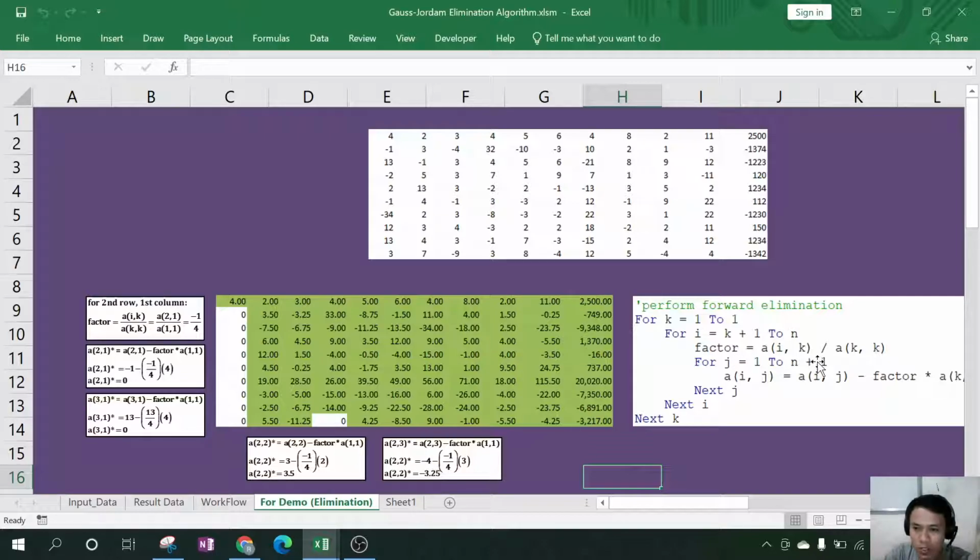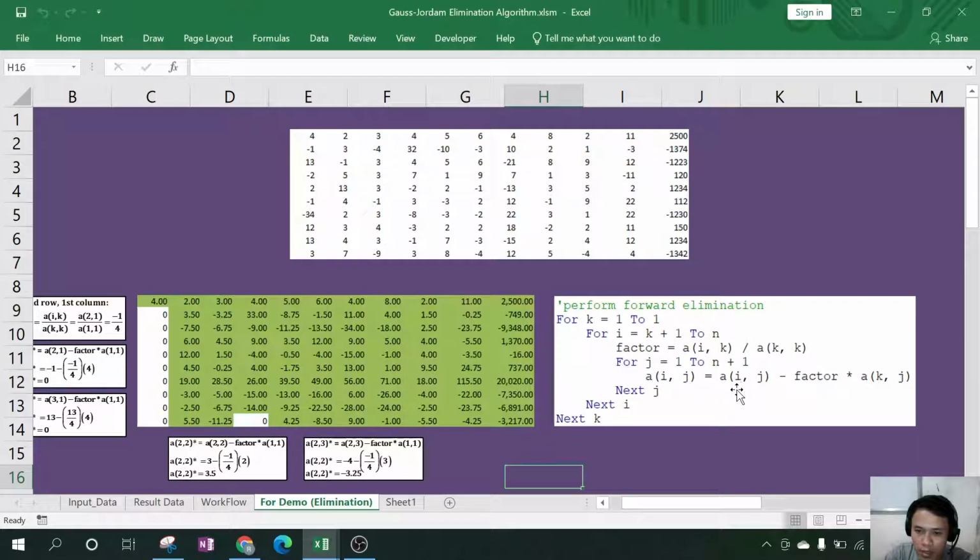The code is presented here. This is aij equals aij minus factor times akj. As you can see, aij on the left is the new value, and this is the old one minus the factor times akj.